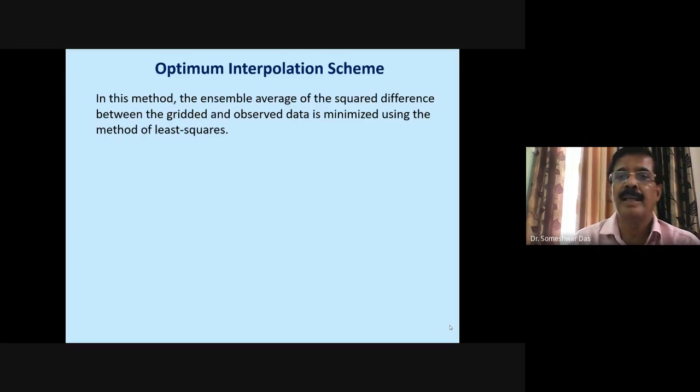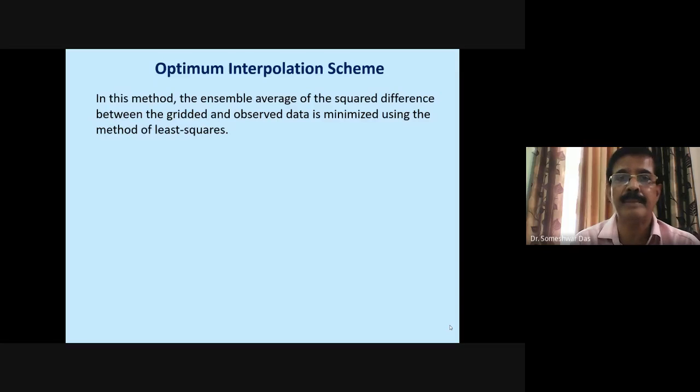So earlier, when we discussed yesterday, at each grid point we try to calculate the error. The error is the difference between the observation and the first guess. That is called the observational increment or prediction increment, and we add that to the first guess or the background analysis to get the new analysis. So point by point we go.